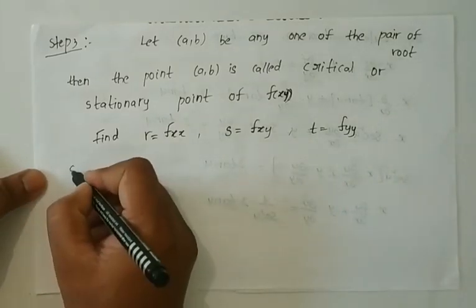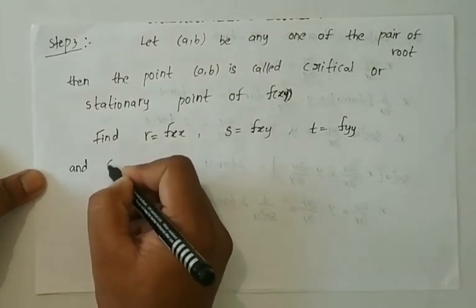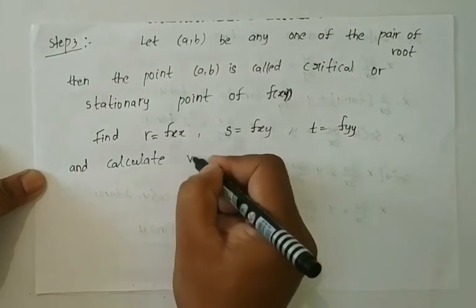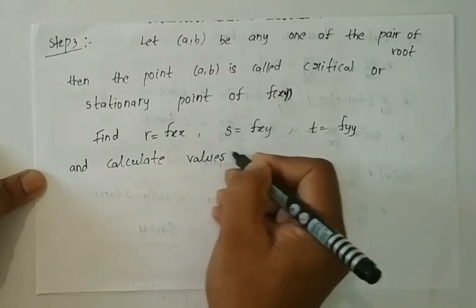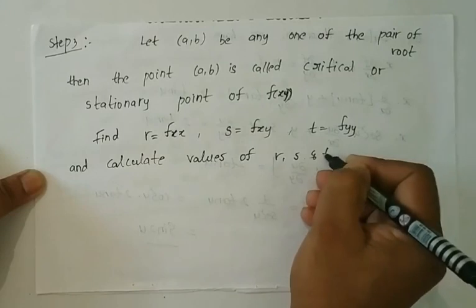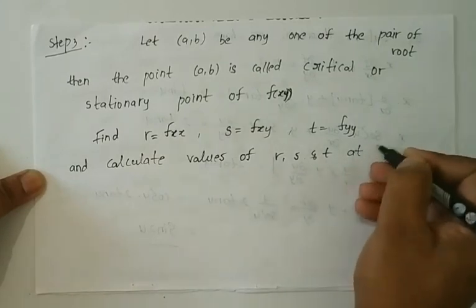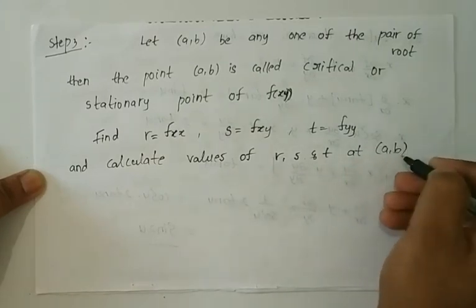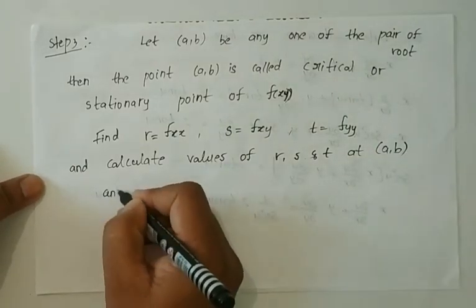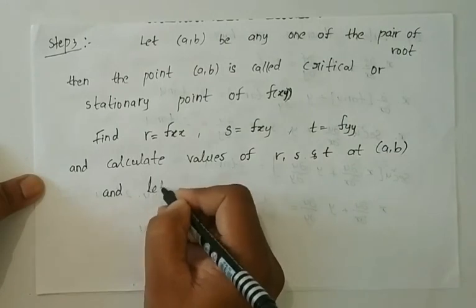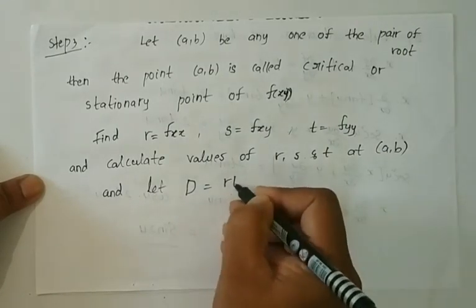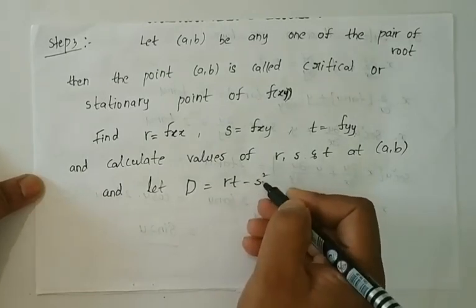Calculate the values of r, s, t at the point a comma b, and also let capital D be equal to rt minus s square.